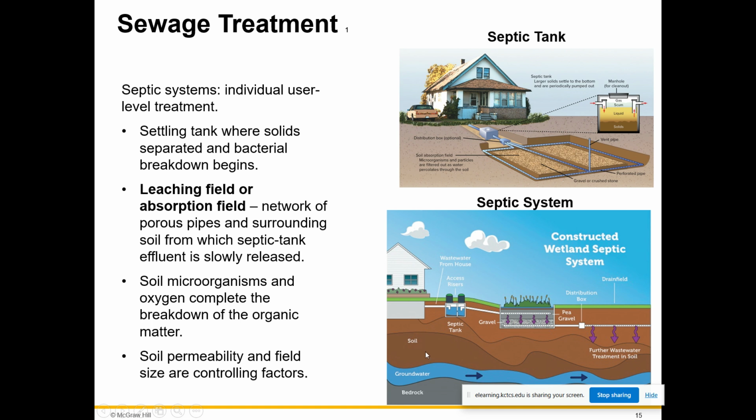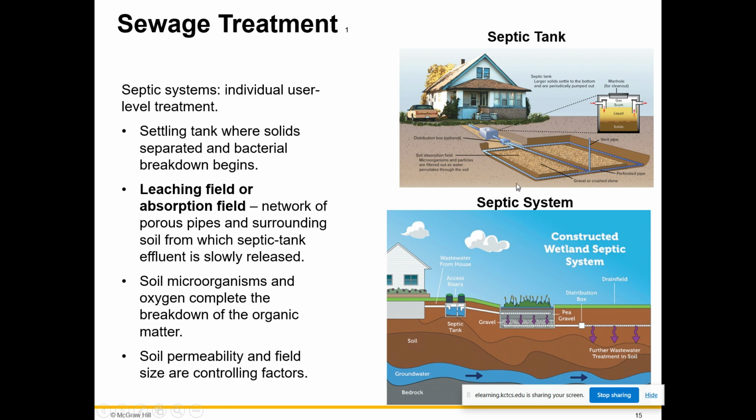So you have to have it high above the groundwater, because if it's too close, obviously it will filter down before it's been thoroughly treated and end up in the groundwater. And you have to have enough space for this to work. So you can't put too many of these close together. You're going to overload that natural system in the soil.